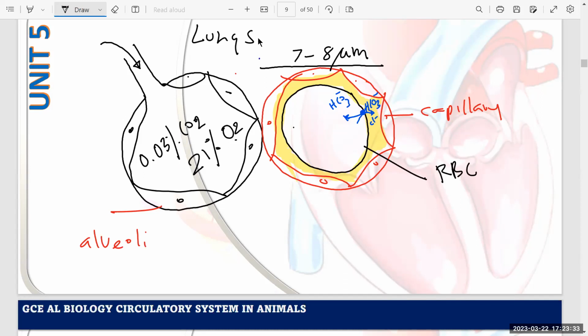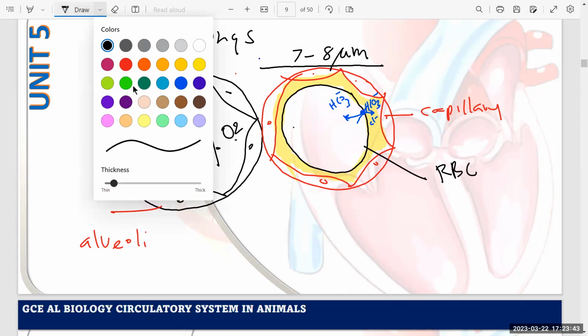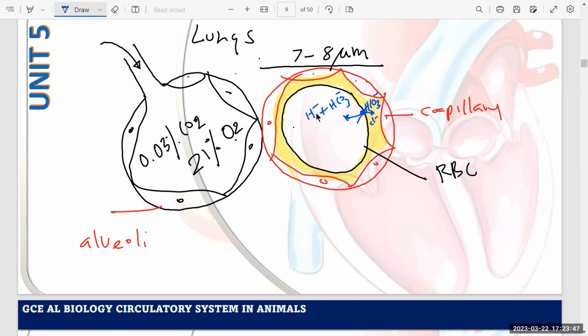Then oxygen binds to hemoglobin to make oxyhemoglobin. At that time it releases hydrogen ions. So hydrogen ion is released when it binds with oxygen. Then the hydrogen ion is available now. Now you can see hydrogen ion plus bicarbonate ion can make carbonic acid.